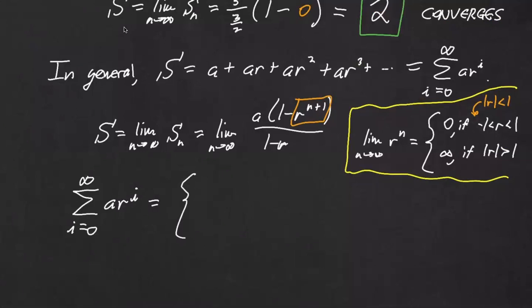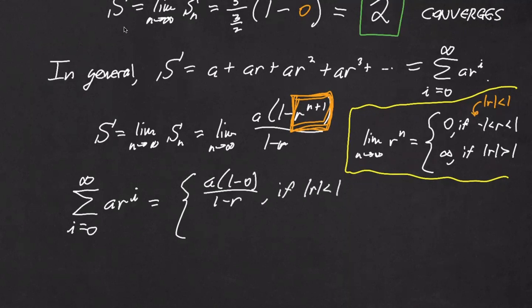Again, this term is either going to go to 0 or it's going to blow up. And so we're going to get a times 1 minus 0 over 1 minus r if the absolute value of r is less than 1. And it's going to blow up if the absolute value of r is greater than 1.